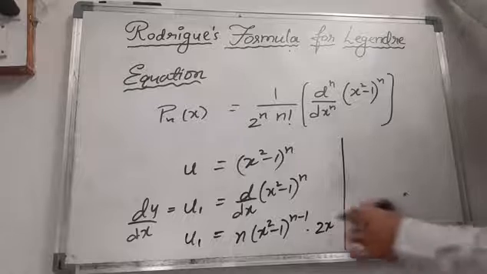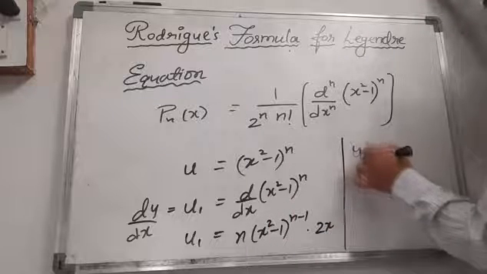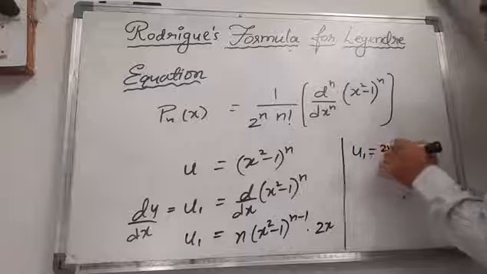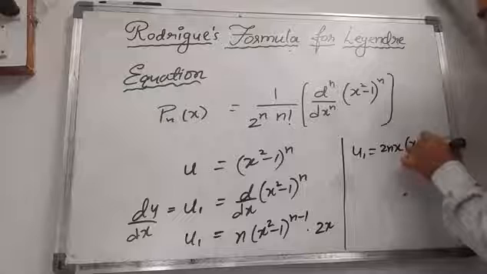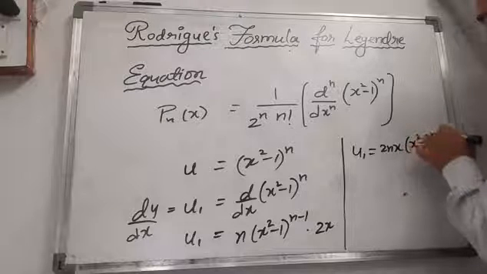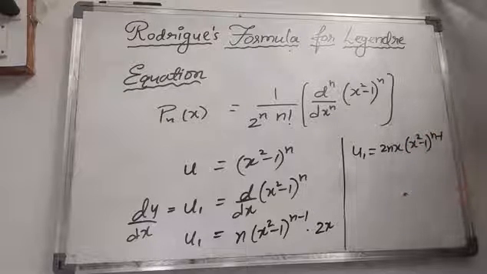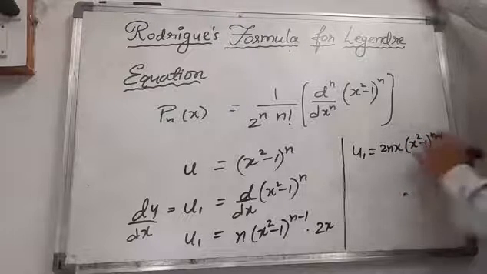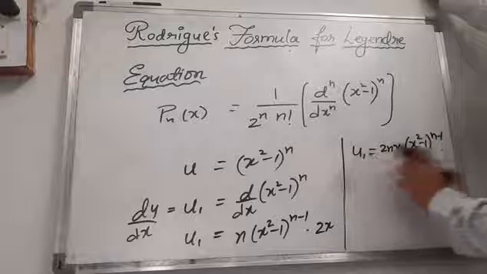Next step, we rewrite this. We get u1 is equal to 2nx into x square minus 1 whole to the power of n minus 1. Now multiplying x square minus 1 on both sides.